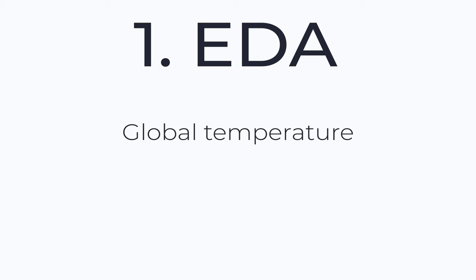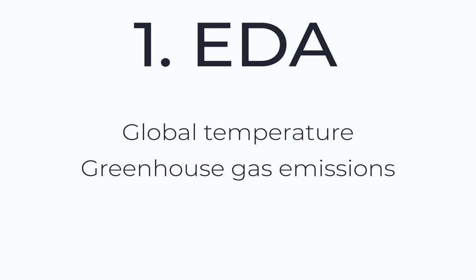The second dataset is the International Greenhouse Gas Emissions dataset. In this dataset, we see the amount of greenhouse gases that each country emitted for a given year. It also shows the type of greenhouse gas that was emitted.